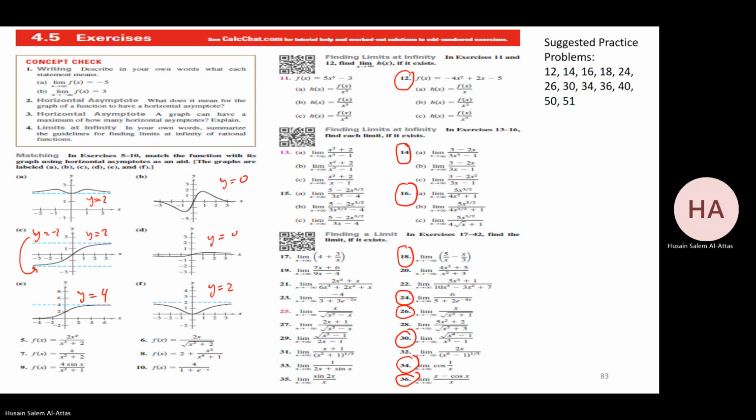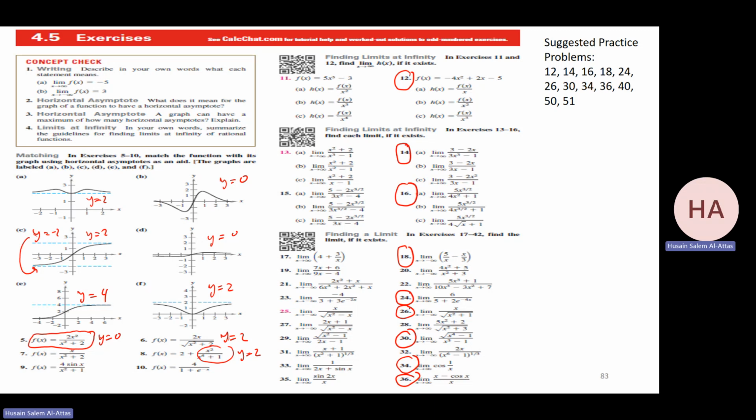In this one, the limit is what? Minus of this is y equals 0. Here, it will be y equals 2. And this one, this is 0, 0 plus 2, so y equals 2.